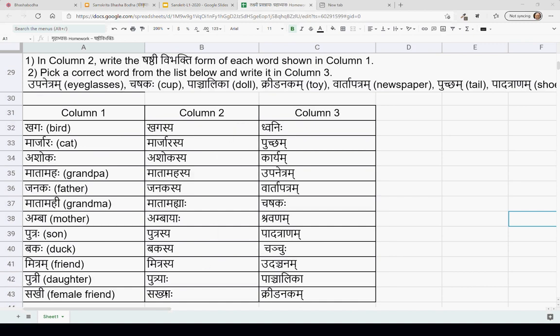So the Shashti Vibhakti forms are there, and the other items here like Dhvanihi, Pucham, Karyam, Upanetram, these with the Shashti Vibhakti. Khagaha and all these are Prathama Vibhakti in the first column. And in the second column we have Shashti Vibhakti: Khagasya, Marjarasya, etc. So with column 2, Khagasya, we are indicating its relationship with Dhvanihi.